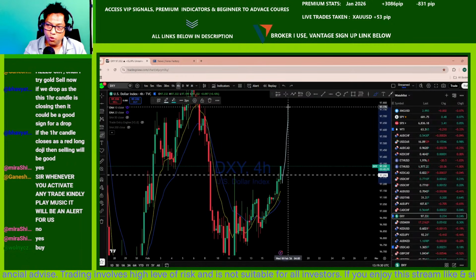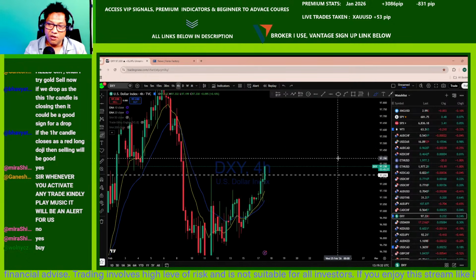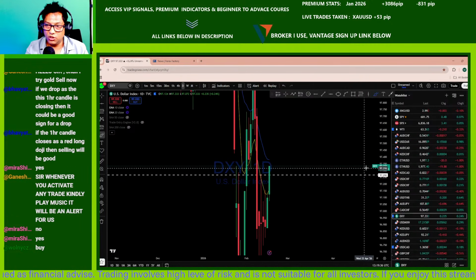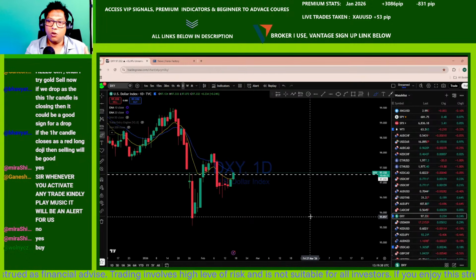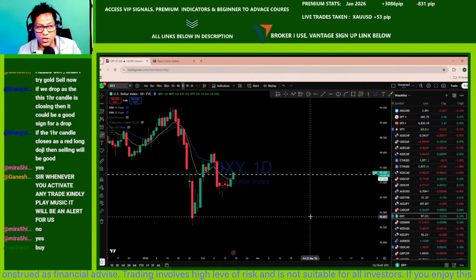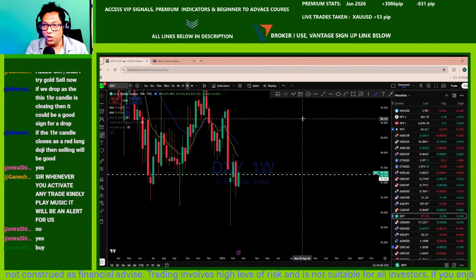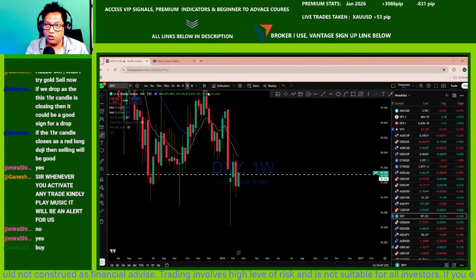Now this bullish move may take the dollar index further to the upside. If we look at the daily price action, because when you look at the dollar index, we will be able to see what gold and other instruments might do here. On the weekly, this is a weekly bearish engulfer.